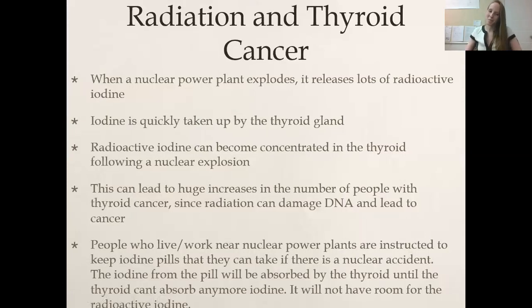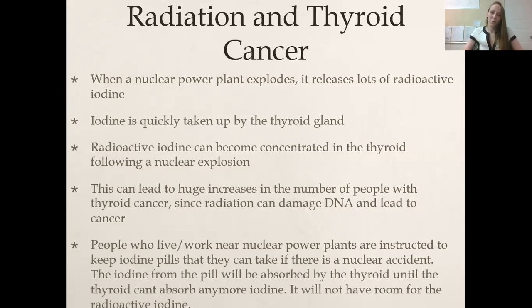When a nuclear power plant explodes, it does release a lot of radioactive iodine, and iodine is always very quickly taken up by the thyroid gland. So if radioactive iodine is taken up by the thyroid gland, it can be very concentrated in there, which can then cause things like thyroid cancer.